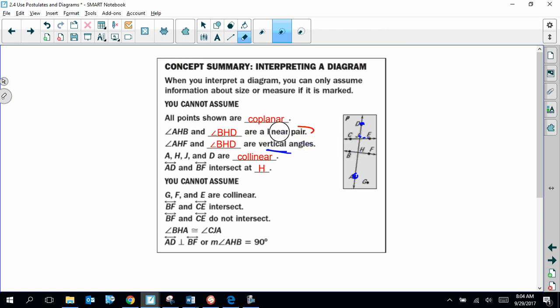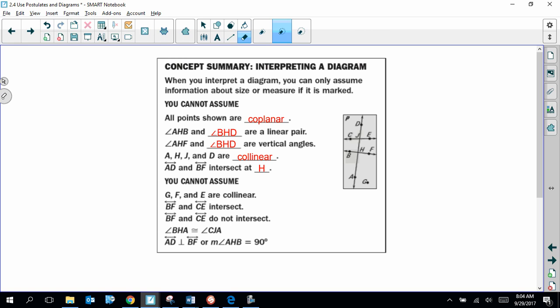So again, we don't assume things in geometry. Same thing with saying that they do not intersect. We don't know if they're parallel to each other because we have no information to determine that. There's no parallel symbology on there showing that the lines are parallel, so we can't assume that.